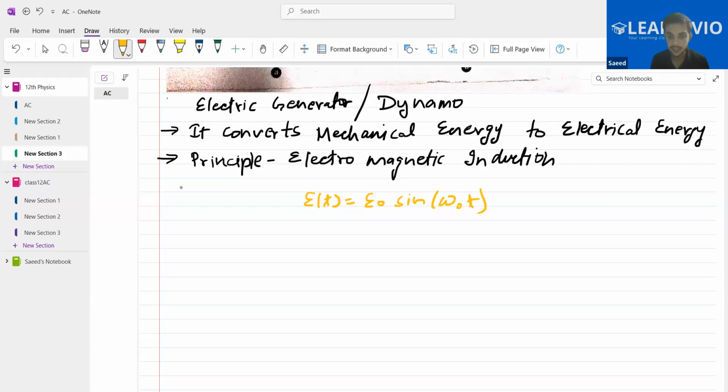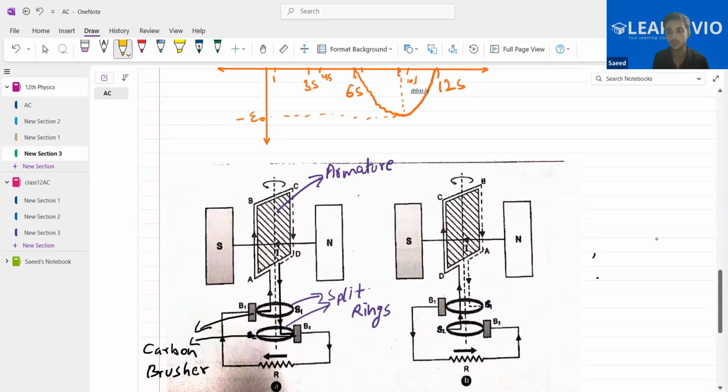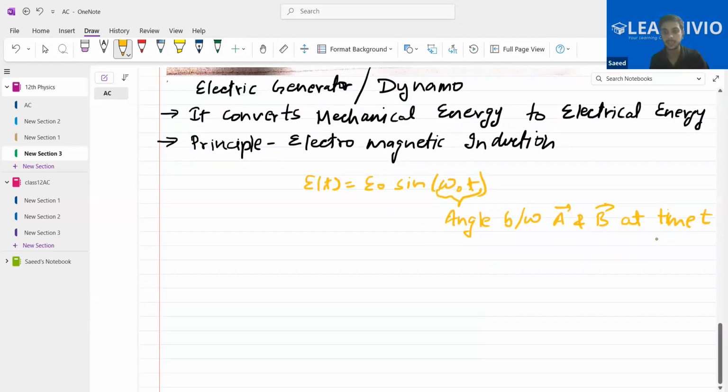Actually, this is the angle. Do you remember that in the last class we wrote theta equals omega into t, where theta was the angle between the magnetic field and the area vector? Yes or no? So this is the angle between the area vector and the magnetic field at time t.